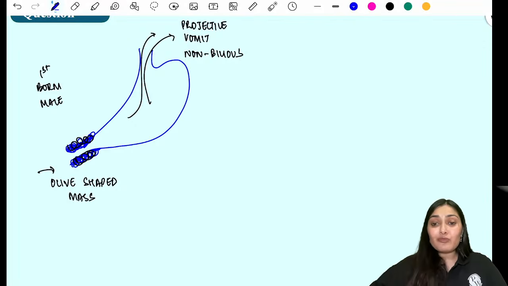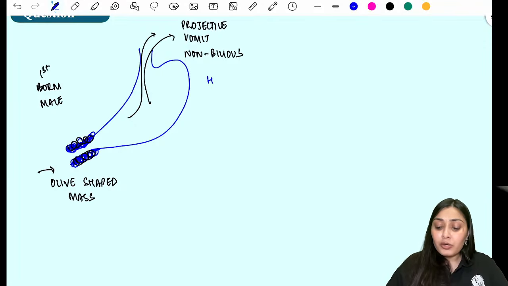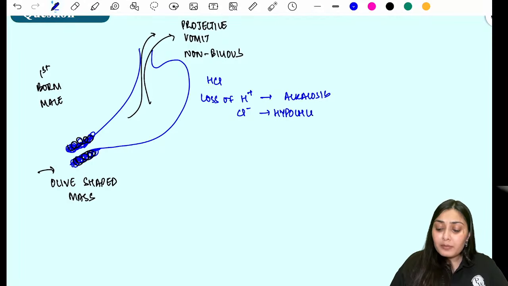As the child is vomiting, all the gastric juice, all the HCl, will be vomited out. So there will be loss of H+, that means there will be alkalosis. There will be loss of chloride, hypochloremia. Also there will be loss of water, dehydration.